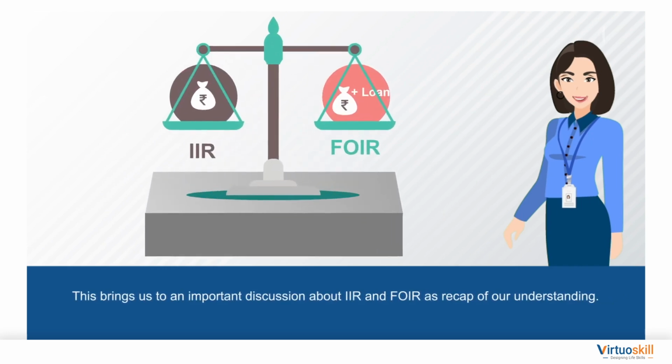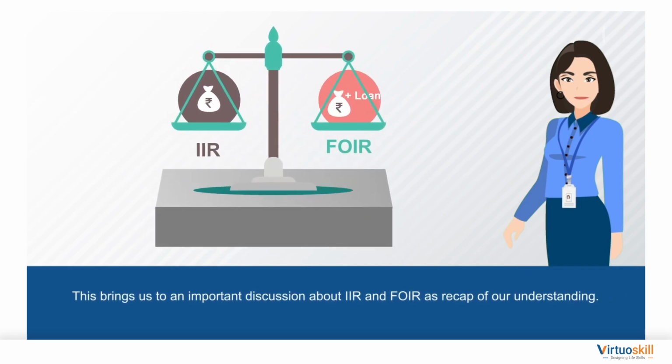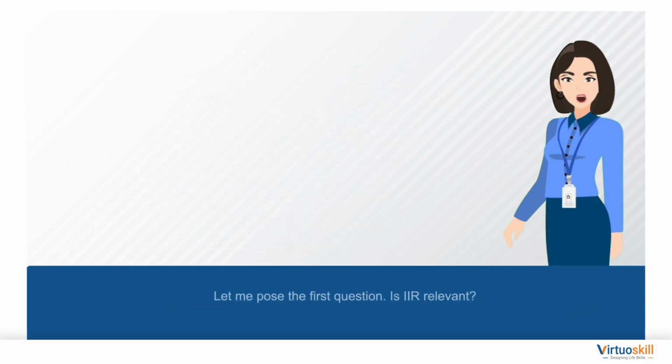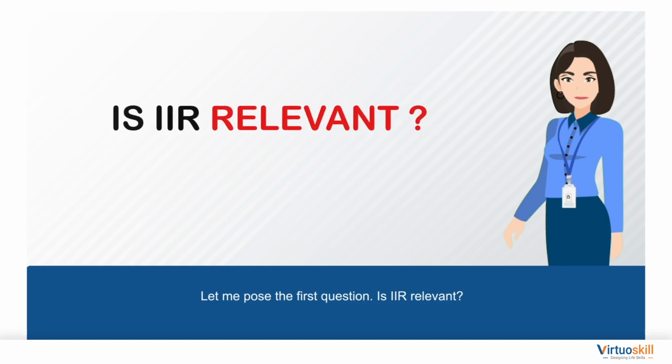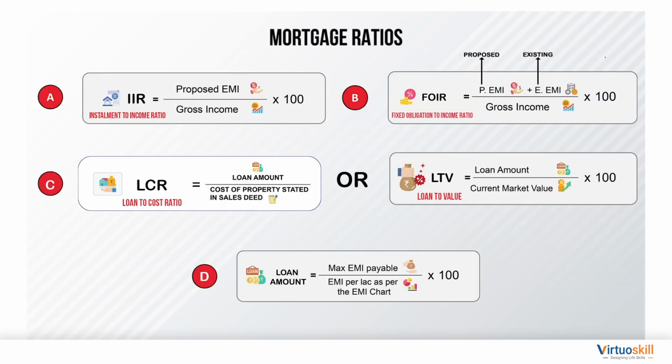This brings us to an important discussion about IIR and FOIR as recap of our understanding. Let me pose the first question. Is IIR relevant? Well, each of the ratios gives different insights.